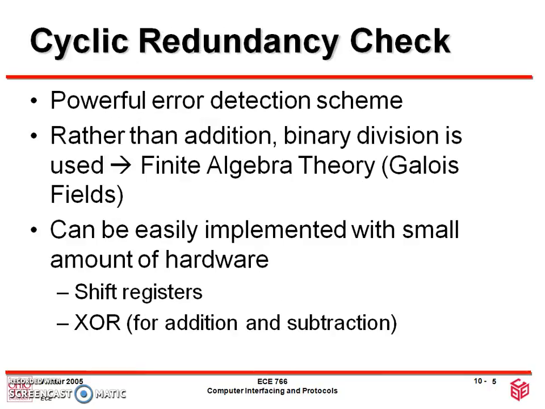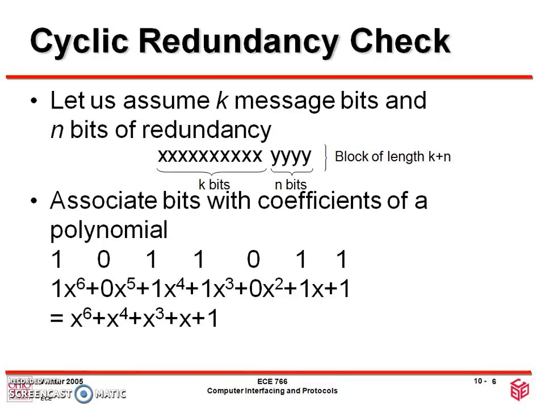Another powerful error detection scheme uses binary division and can be easily implemented in hardware using shift registers and exclusive OR gates. This method is known as the cyclic redundancy check, where the entire data bits are treated as a binary polynomial.